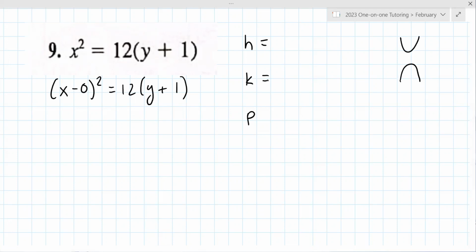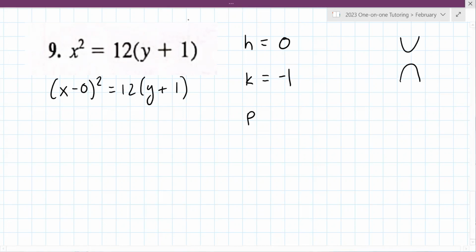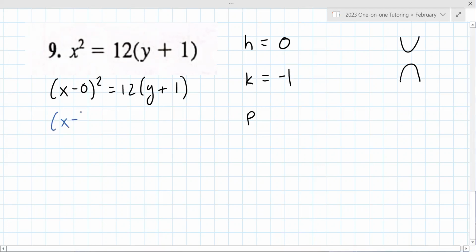H is 0, and k is -1. The reason is it's x minus h squared, y minus k, because it takes on the opposite sign of what's inside the parentheses.